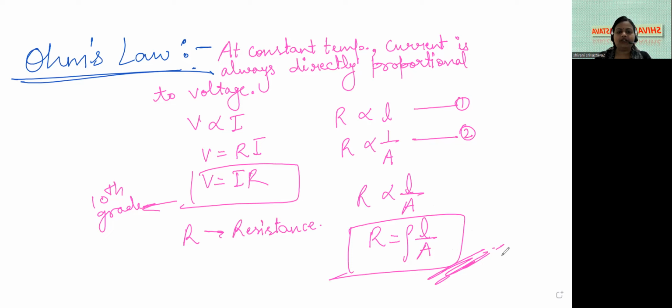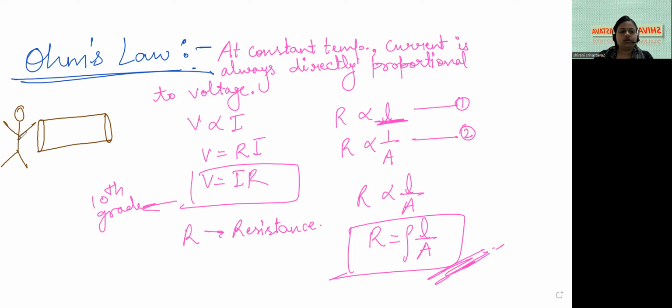But here we'll discuss resistance in a different way. So from where do we get the resistance? Why does it depend on the length? You can assume it with the example of a tunnel. This is a tunnel, and you are standing over here.